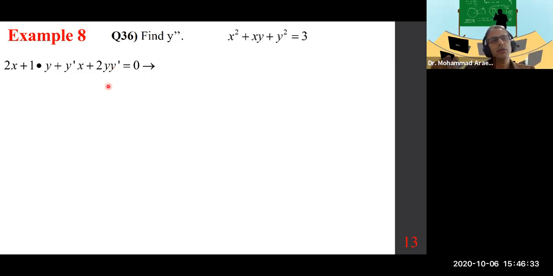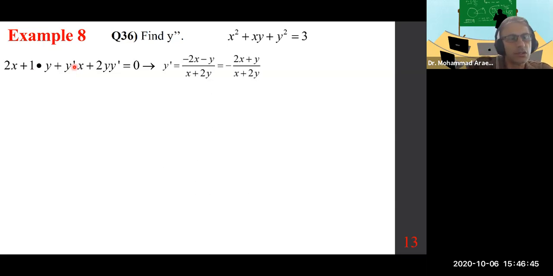Okay. Now, you can solve for y prime easily by putting these two together and factoring the y prime, taking the rest to the other side, that shouldn't be a problem. I hope everybody understands how this is done. Just quickly, this part, class, is y prime times x plus 2y, okay?